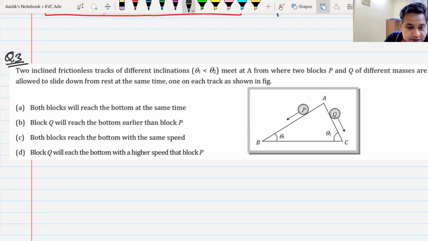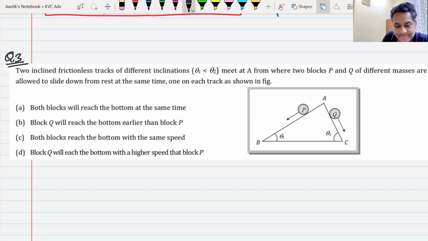Which is the correct option? It can have more than one correct options as well. It is a question that came in one of the previous JEEs.